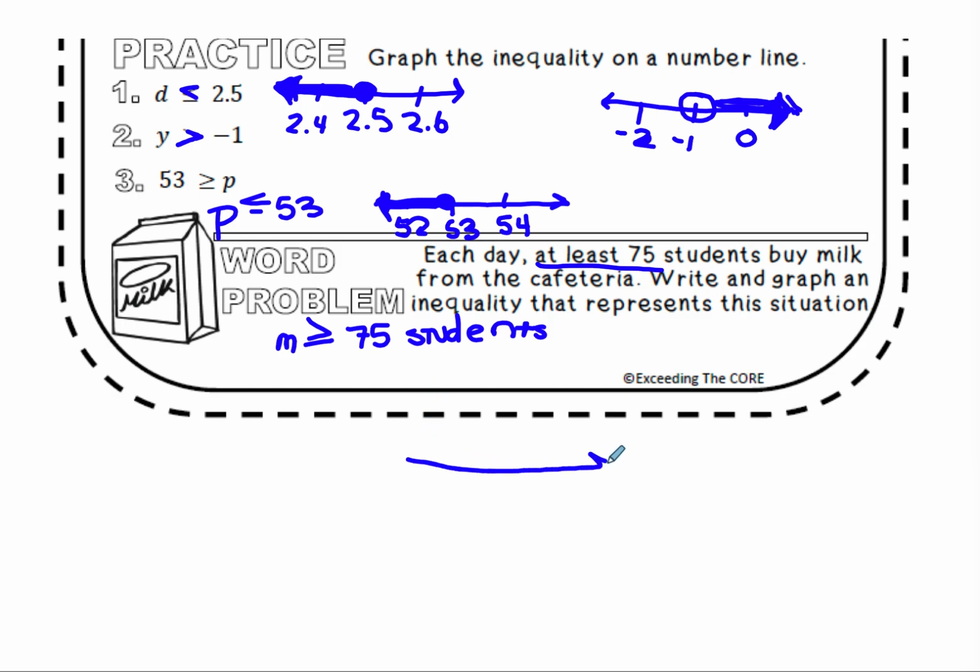I'm going to do it down here. 74, 75, 76. At least means it could equal 75, or it could be more than that. So I'm going to shade to the right. That's where the larger numbers are. If I put in 76, that would be true. 76 is greater than or equal to 75.